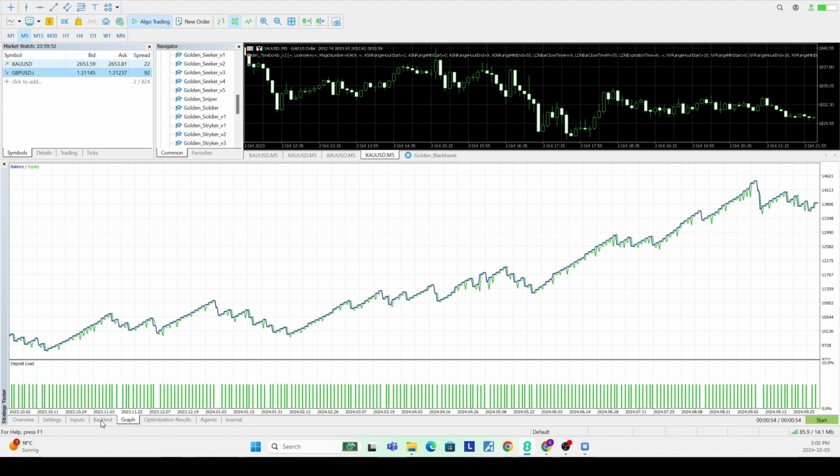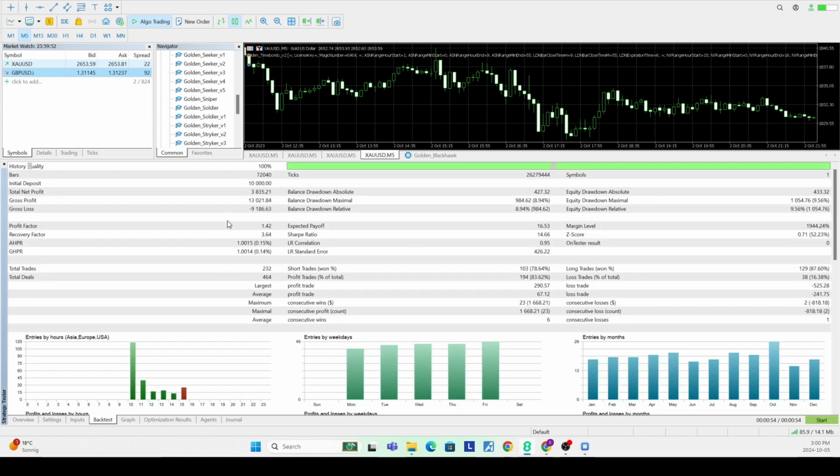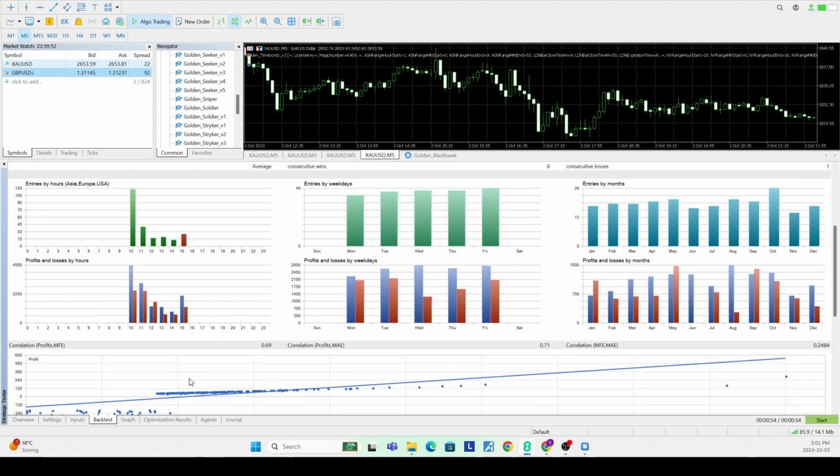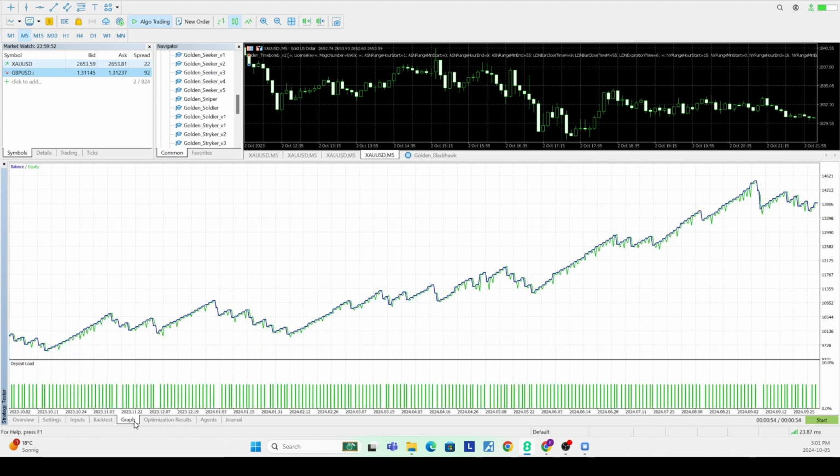Perfect. So now we can go over to the backtest results tab, verifying that we indeed have 100% history quality. Here, with an initial deposit of $10,000 over a 1-year backtest, we made roughly a 38% return, of which our win rate was approximately 84%. So this proves that the London breakout premise is indeed extremely powerful.